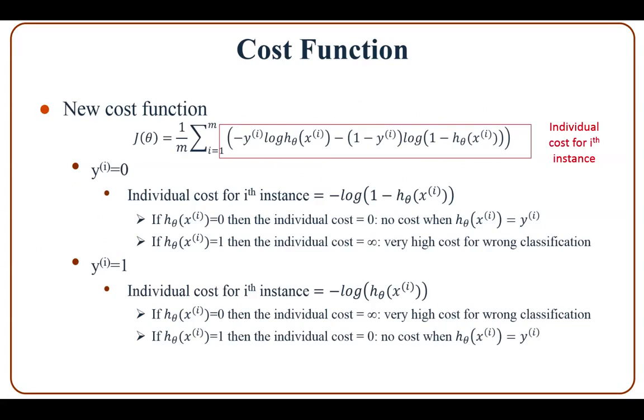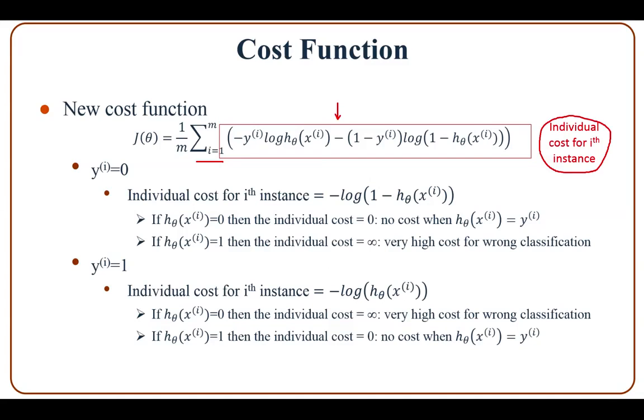So let's define a new cost function, which also has 1 divided by m times the sum with i from 1 to m, and inside the sum we have the individual cost for the ith instance.